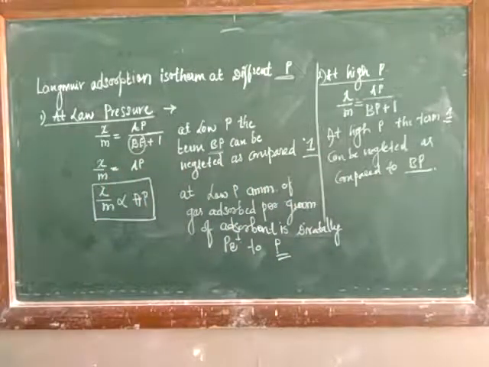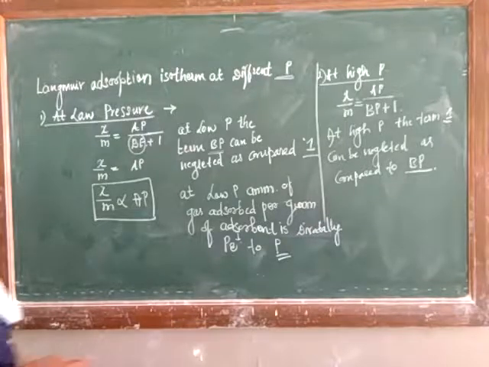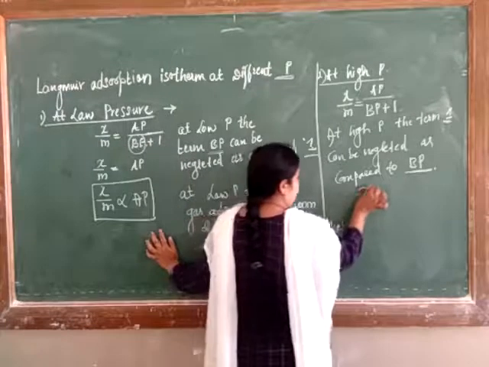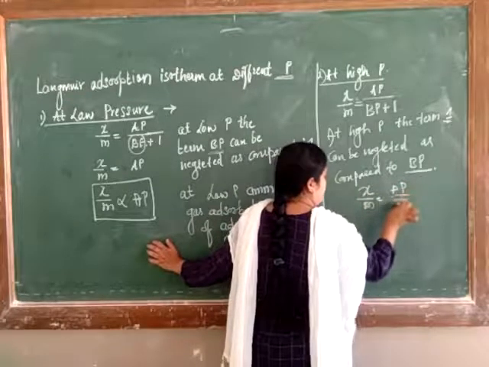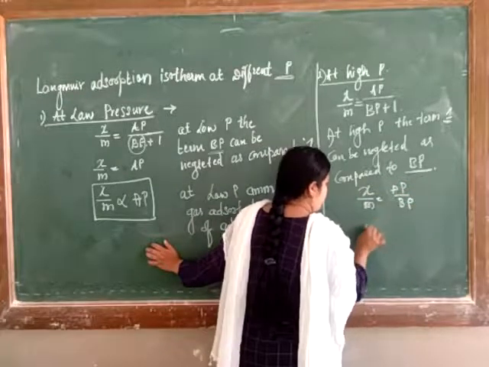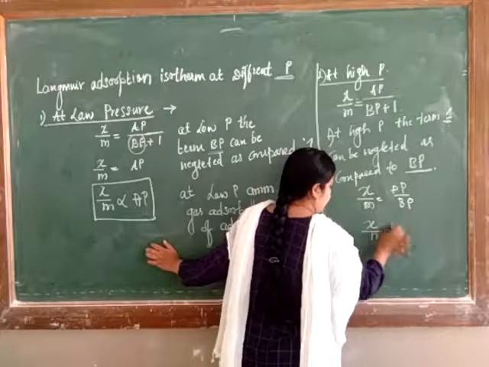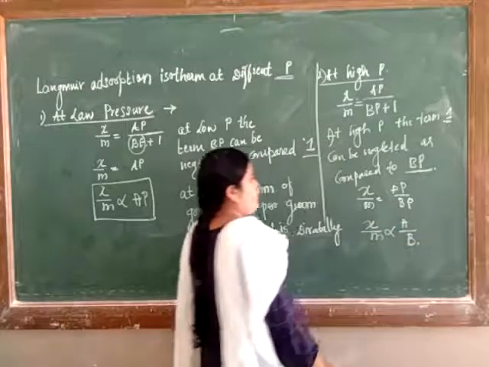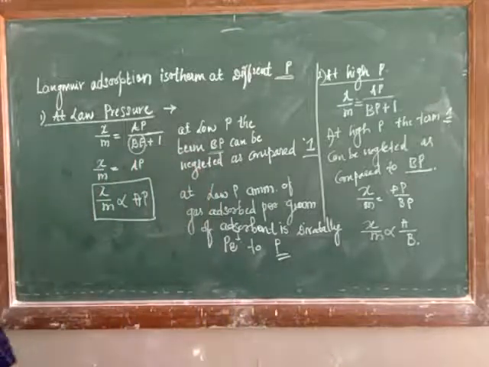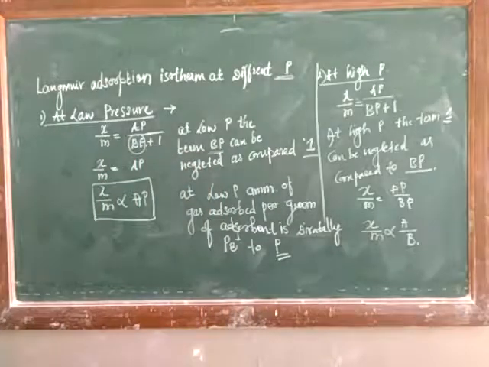So the equation becomes x/m = AP/BP, that is x/m = A/B, a constant. What is the conclusion at high pressure? The amount of gas adsorbed per gram of adsorbent is constant.